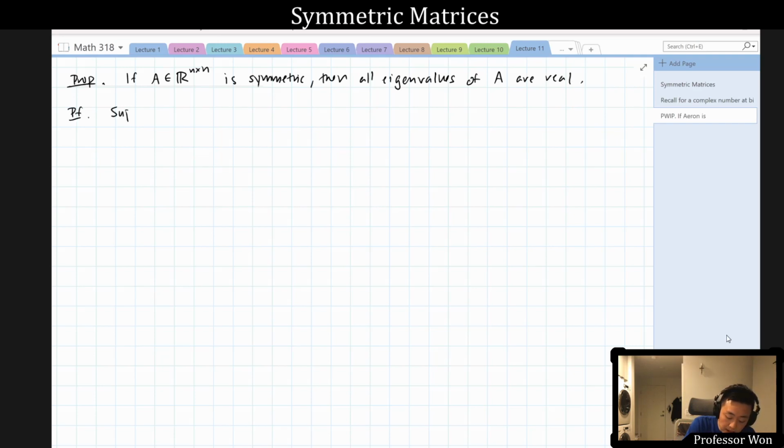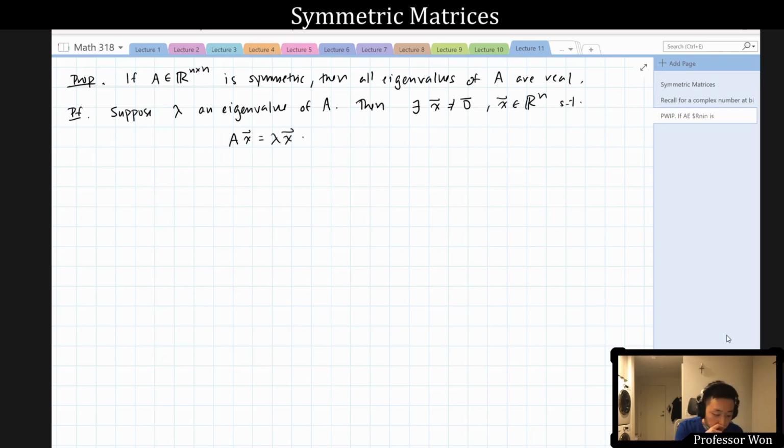Okay, so suppose that lambda is an eigenvalue. Then I need to show that lambda is real, but this means that there exists a non-zero vector x such that A times x equals lambda times x. That's just what it means to say that lambda is an eigenvalue.